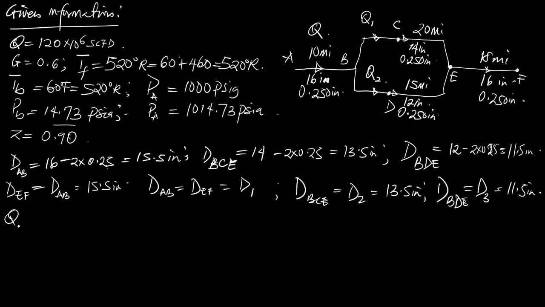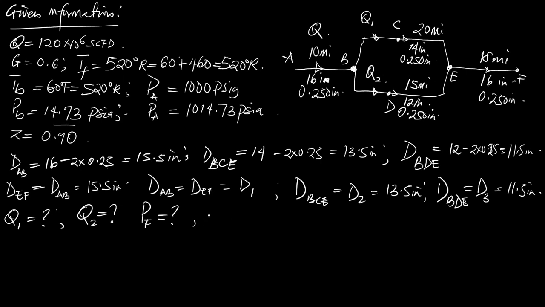We're asked to calculate Q1, Q2, the outlet pressure at F, which is unknown, the pressure at the beginning and the end of the loop. So this is the beginning and this is at the end of the loop.